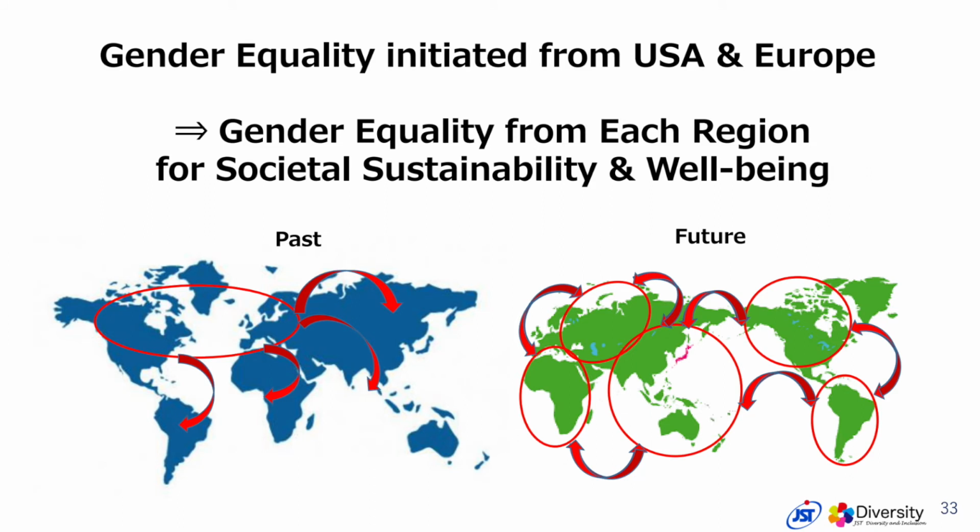Gender equality was initiated from the United States and Europe, but we would like to promote gender equality from each region. So in order to realize it, gender equality 2.0 must be very important to realize a sustainable society and people's happiness and well-being. Thank you very much.